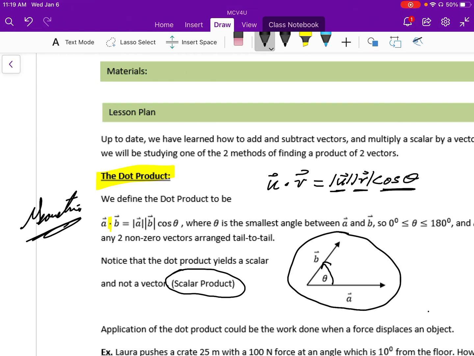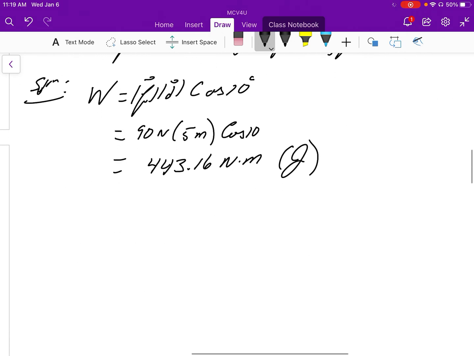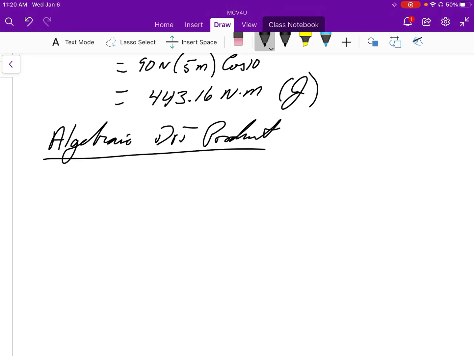So let's now take a look at how we calculate our algebraic dot product. So the algebraic dot product, let's take a look at what we've got so far. Let's say we're given any old vector A, where we use the algebraic components A1, A2.